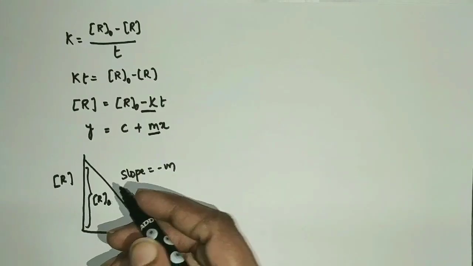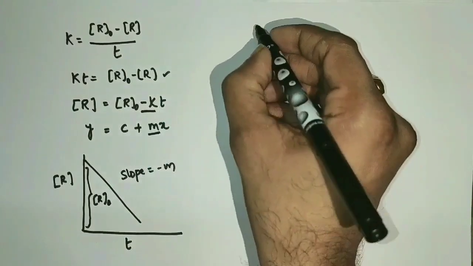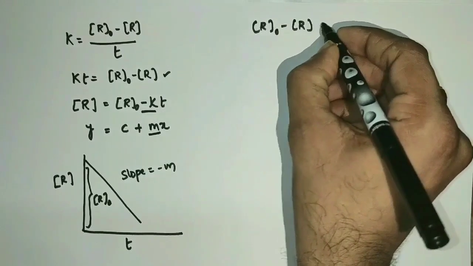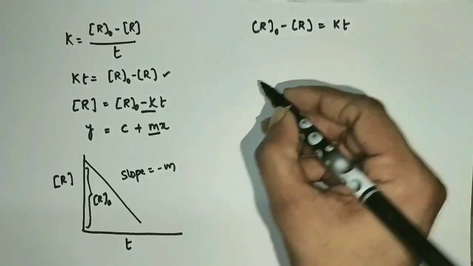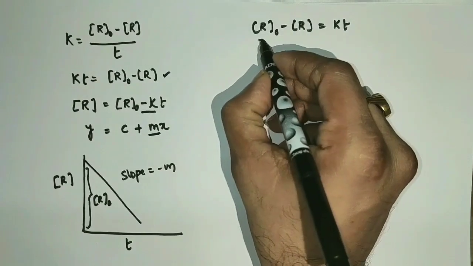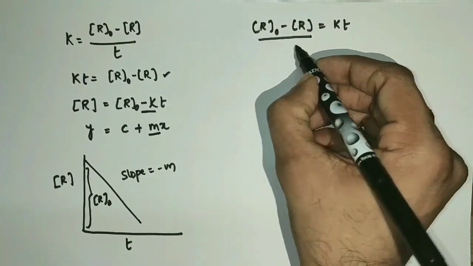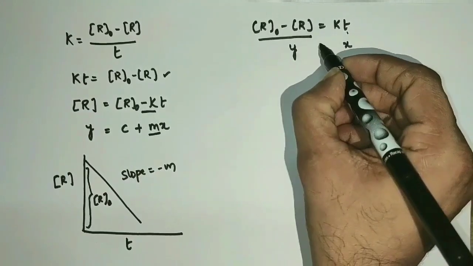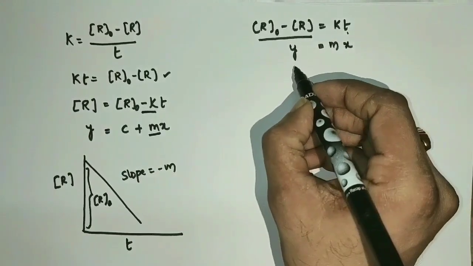We have one more relation here, R naught minus R is equal to Kt. And if you consider this R naught minus R as y variable and t time as x variable, then this equation is in the form of y equal to mx.